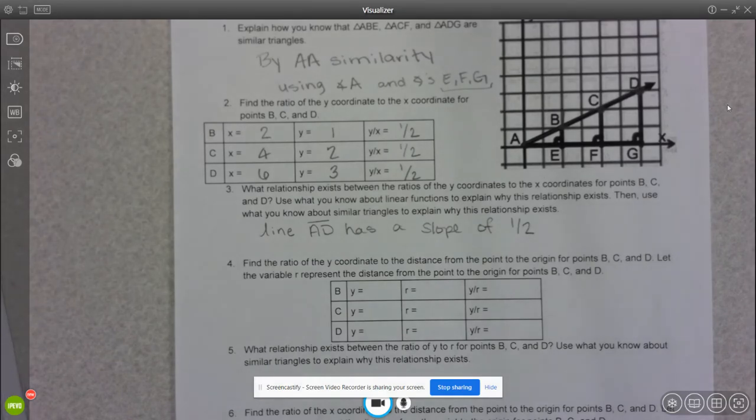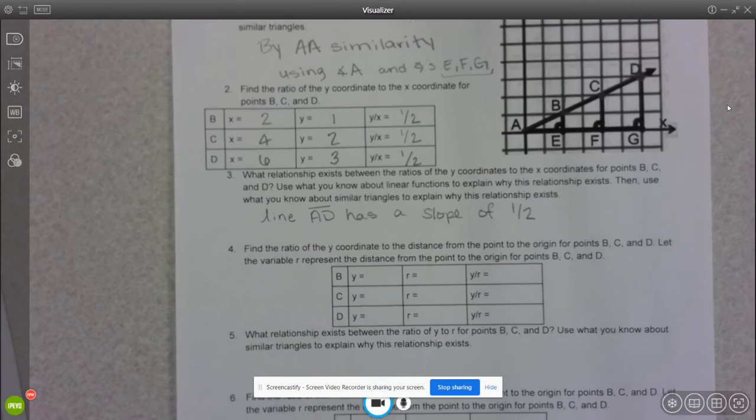With similar triangles, the proportion of our sides has to be consistent as I dilate from the smaller triangle to the middle triangle to the bigger triangle. That dilation factor has to be the same, so the proportion of the sides would have to also be the same. I'm not going to write that all out, but that's my similar triangle idea explaining why that relationship is the way it is.